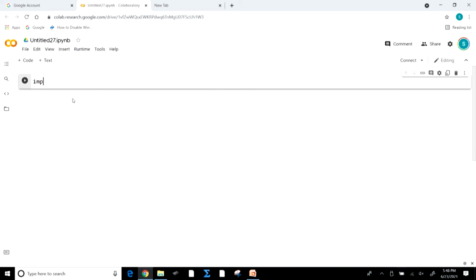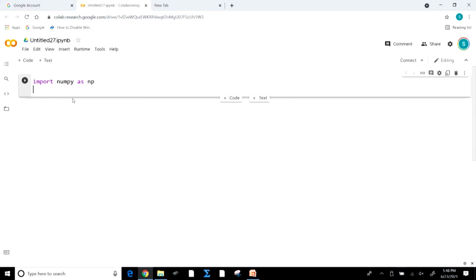First of all I will import a very important Python package, NumPy. NumPy is used for all array types of operations in Python. It has a lot of functionality related to multi-dimensional arrays, linear algebra and many more.